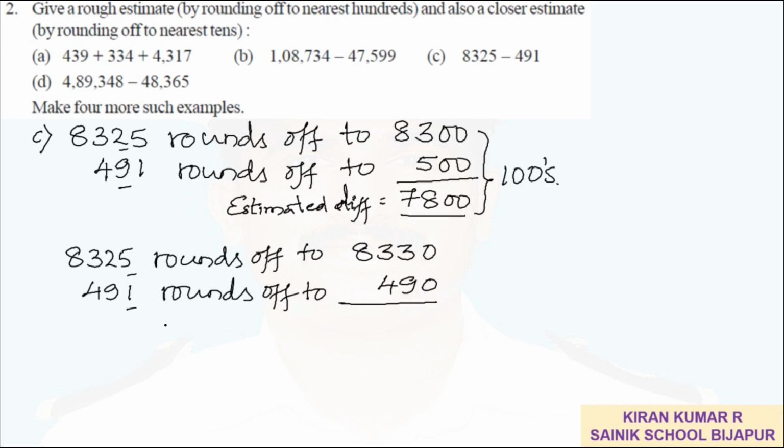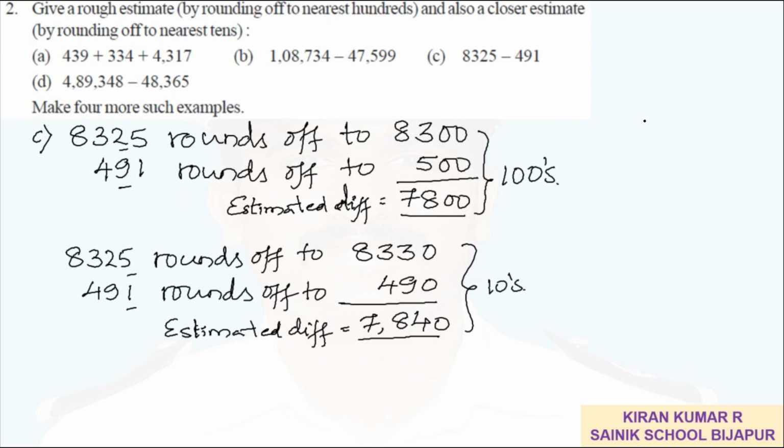Let's find out the estimated difference. So the estimated difference is 7,840. This is when rounded off to the nearest tens.